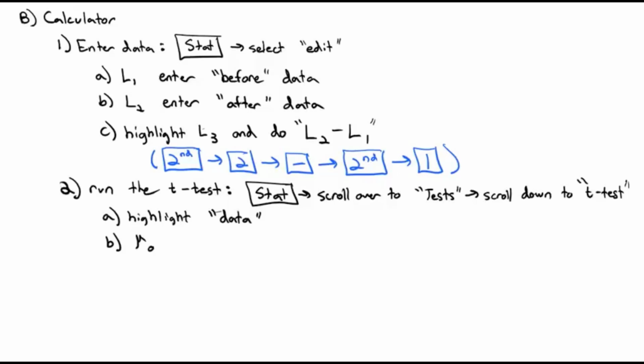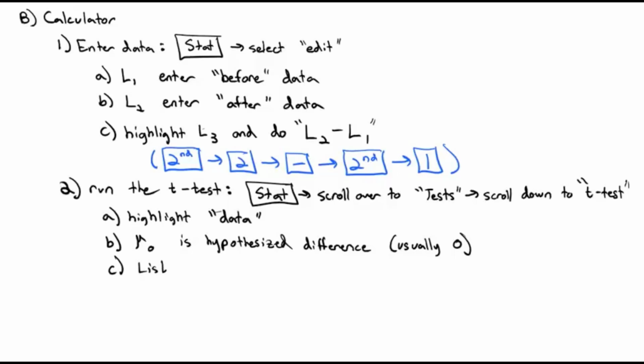Then you'll see mu sub 0. That is the hypothesized difference, which is usually 0. We usually hypothesize that there's no difference, or that the difference equals 0.